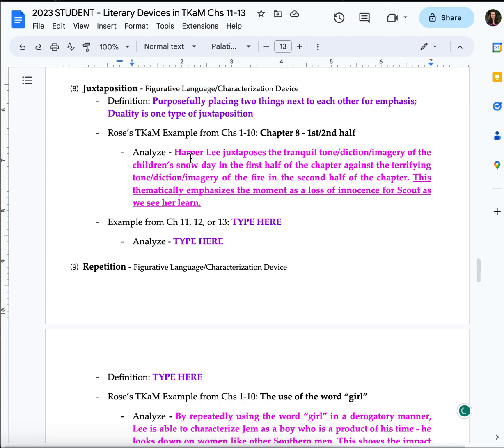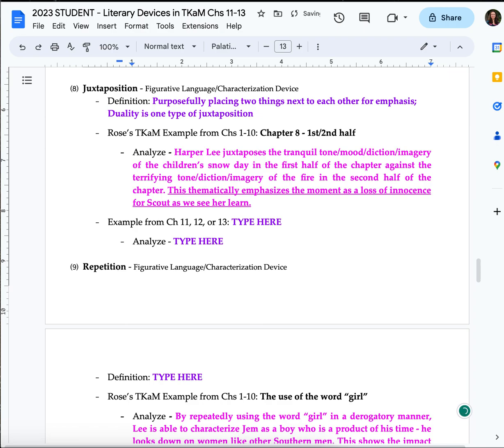Harper Lee juxtaposes the tranquil tone, mood, diction, and imagery of the children's snow day in the first half of the chapter against the terrifying tone, mood, diction, and imagery of the fire in the second half of the chapter. It's really like tone and mood too, because it's not just her opinion, but our feelings on it. This thematically emphasizes the moment as a loss of innocence for Scout as we see her learn.